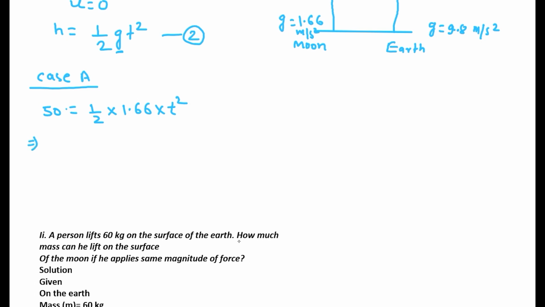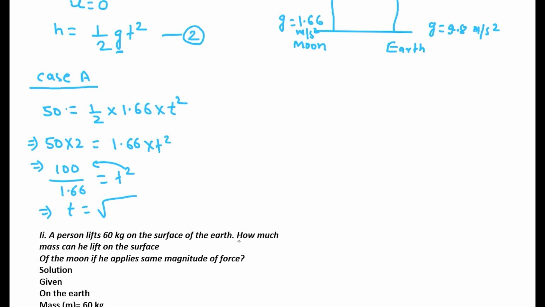So solve it. 50 into 2 equal to 1.66 into t square. So 50 into 2, 100, divide by 1.66 equal to t square. So t equal to root under 60.24096.